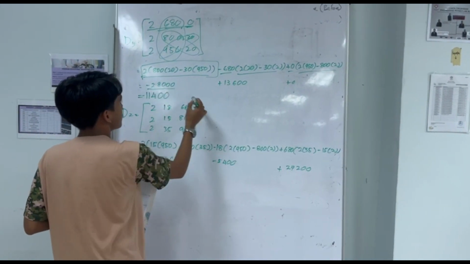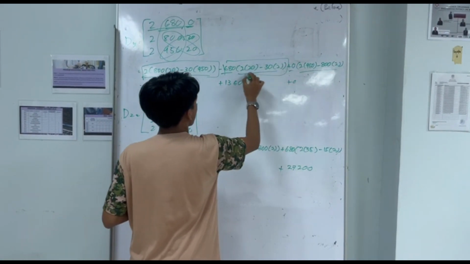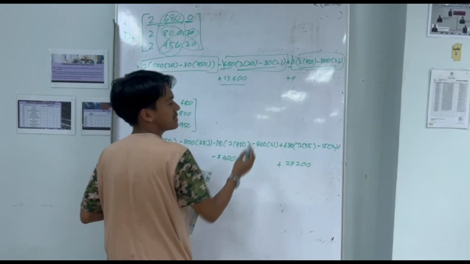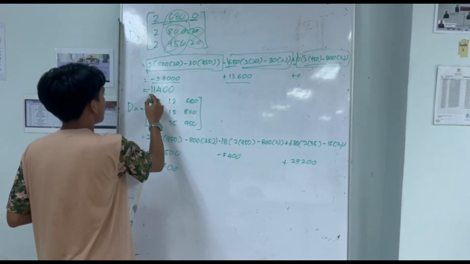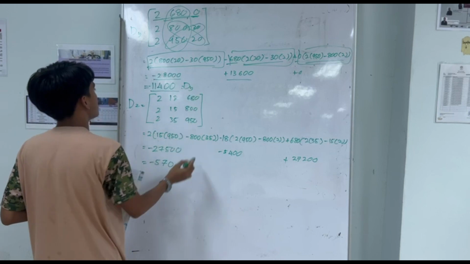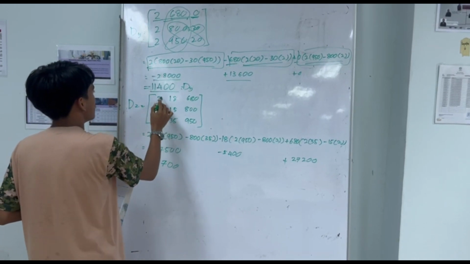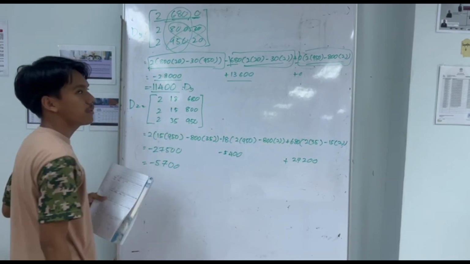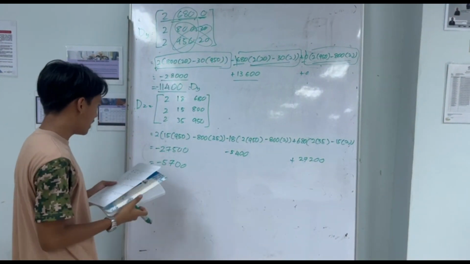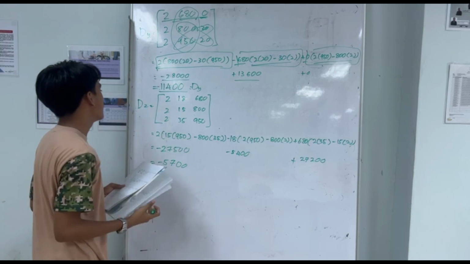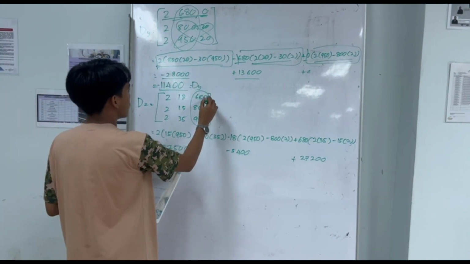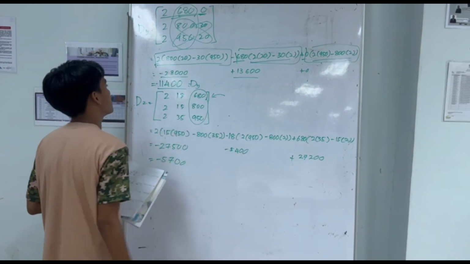The second part we get this, and the third part we get 0. The final answer for determinant y is 11,400.